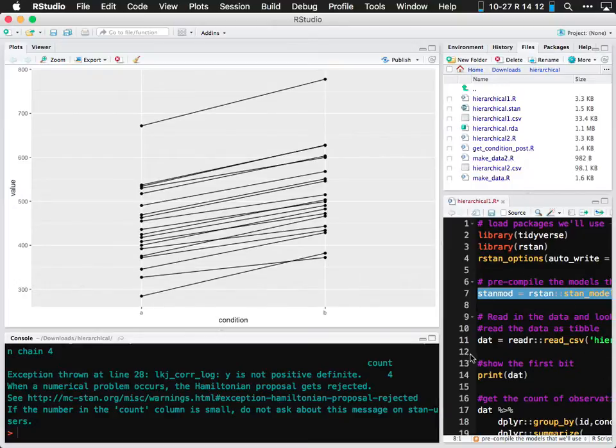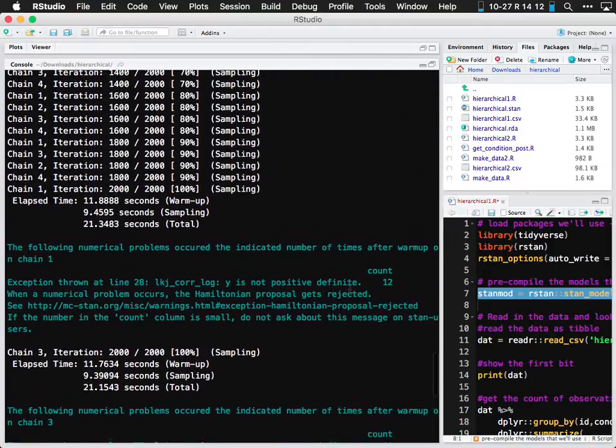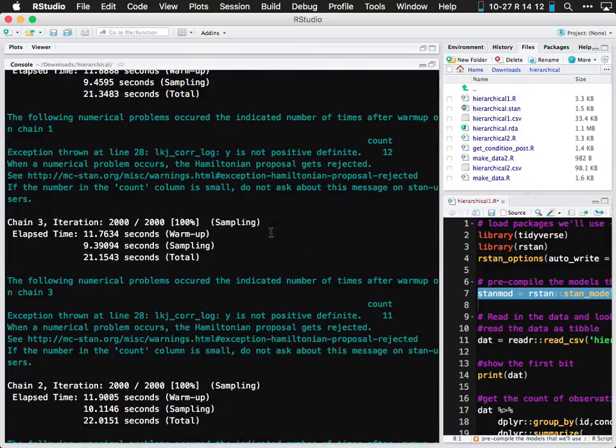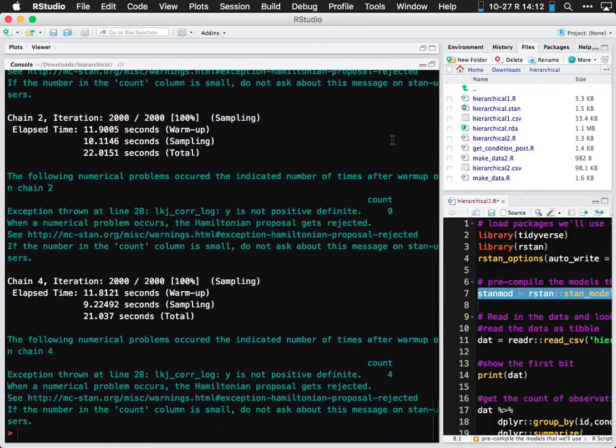We're starting to get into complicated enough models that there's sometimes some warning messages. They kind of look like error messages. It had numerical problems, and it says count. The last line, though, is important. If the number in the count column is small, do not ask about this message. So I've got a count of 12 here, 11, 9, and 4.